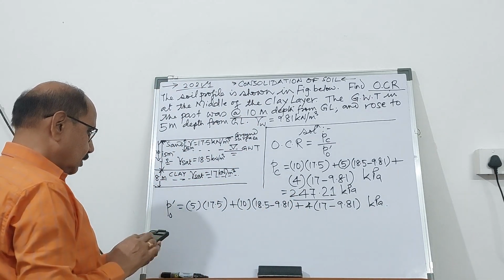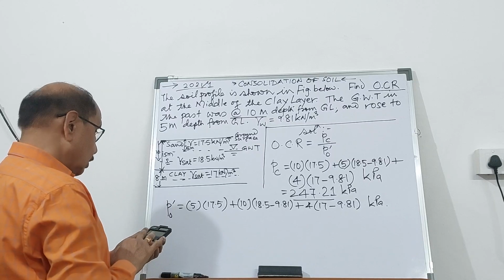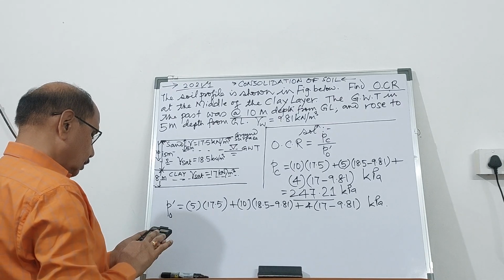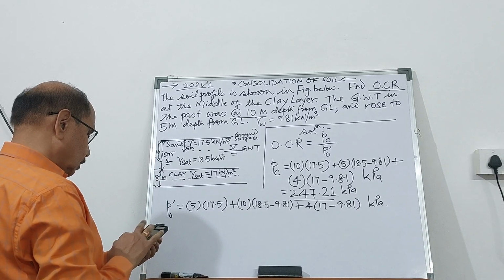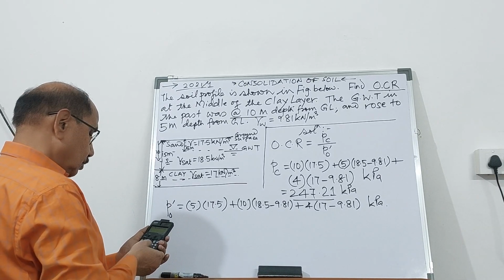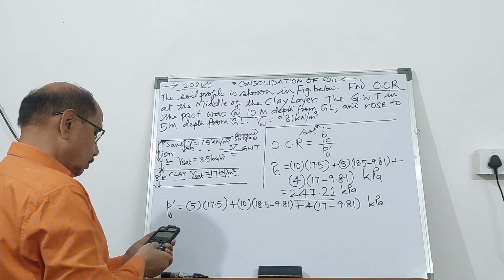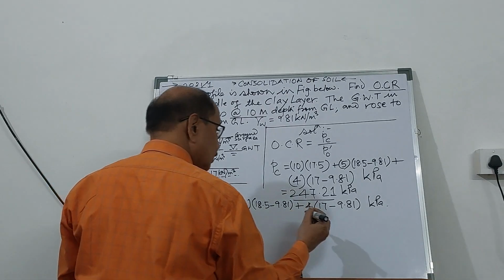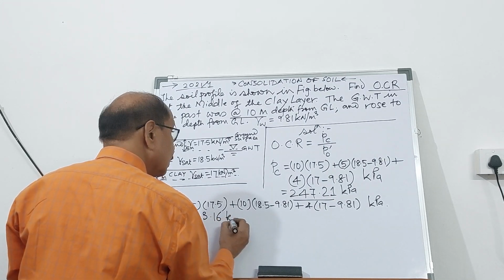So let us calculate. 5 multiplied by 7. 203.16. So 203.16 kilopascal.